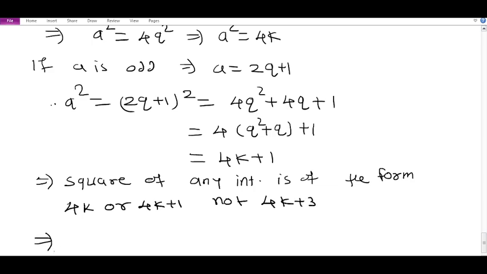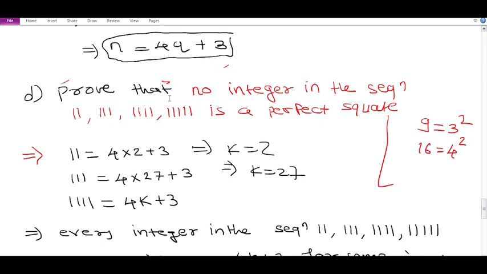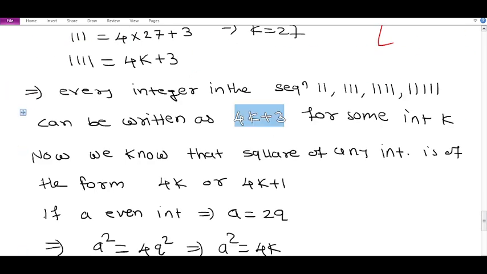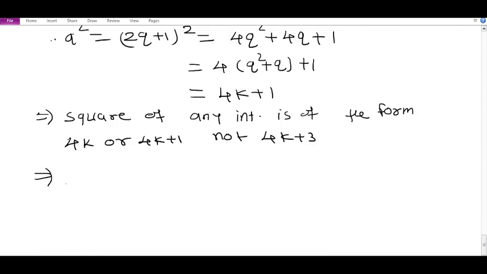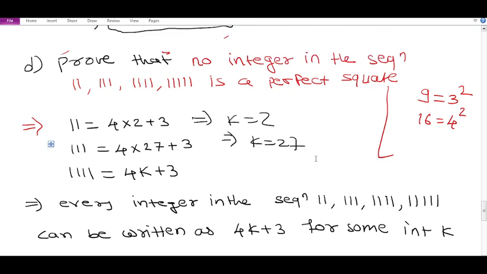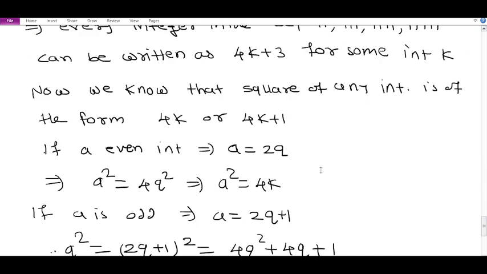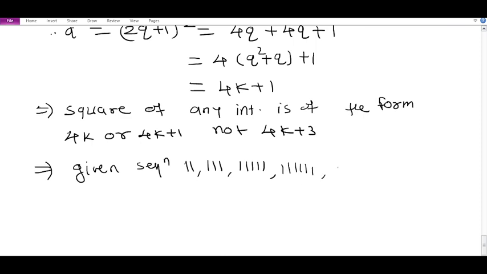But every integer in this sequence can be written as 4k plus 3 for some integer k. So this implies no integer in the given sequence is a perfect square.